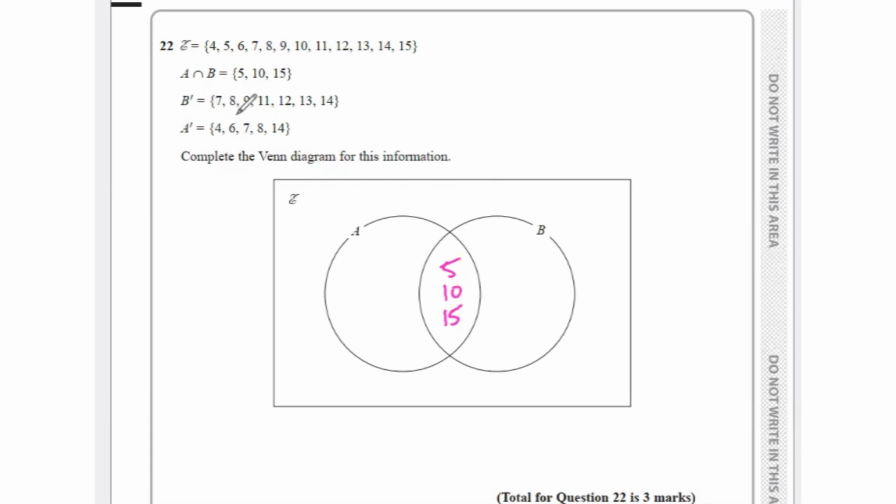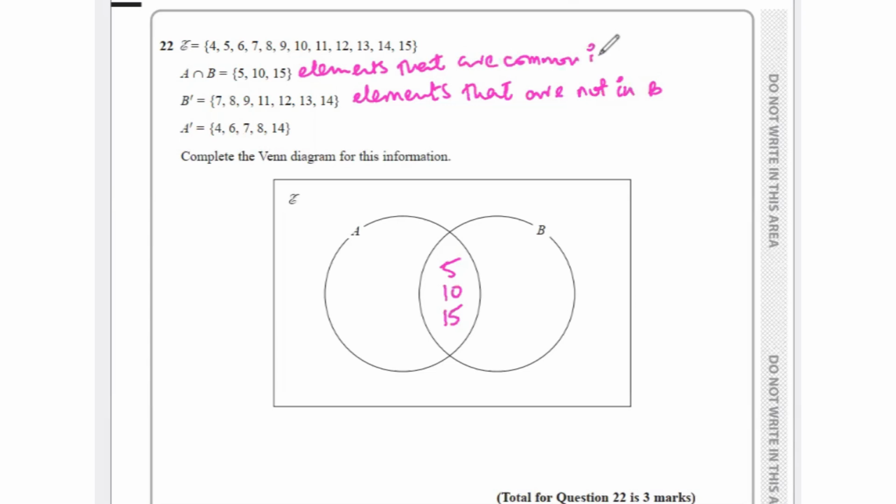B complement means the elements that are not in B. So elements that are not in B and elements that are common in A and B. And A complement, obviously, the elements that are not in A. So elements that are not in A. So mostly they give the elements that are in A and B, but over here they did the opposite thing.